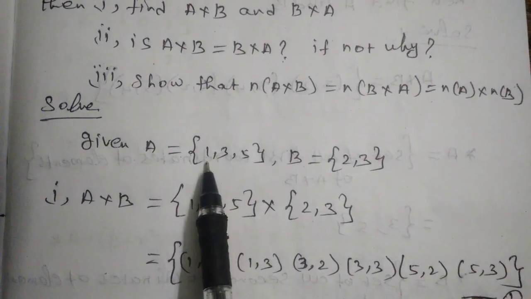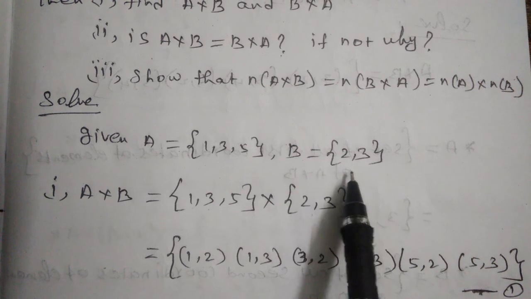Now we solve. Given A is equal to {1, 3, 5} and B is equal to {2, 3}.